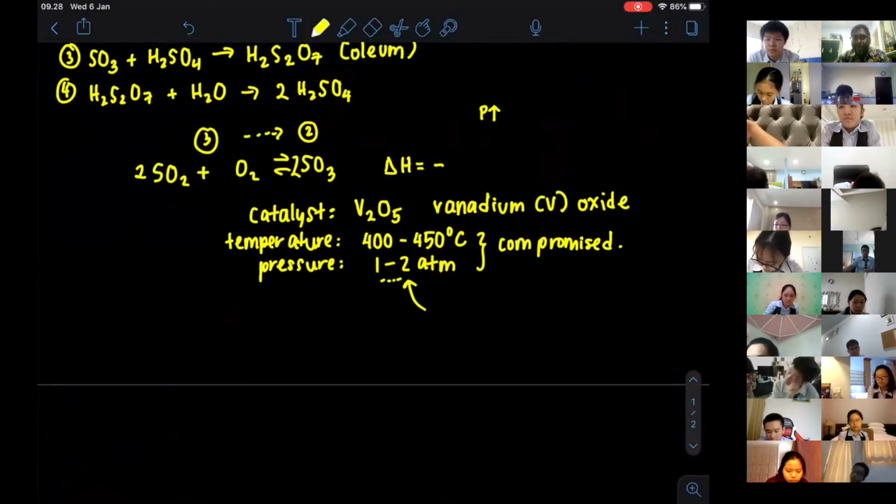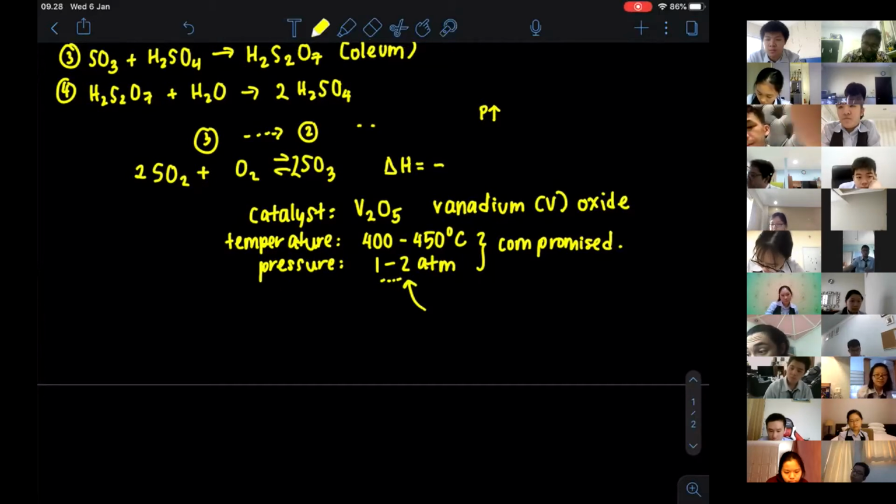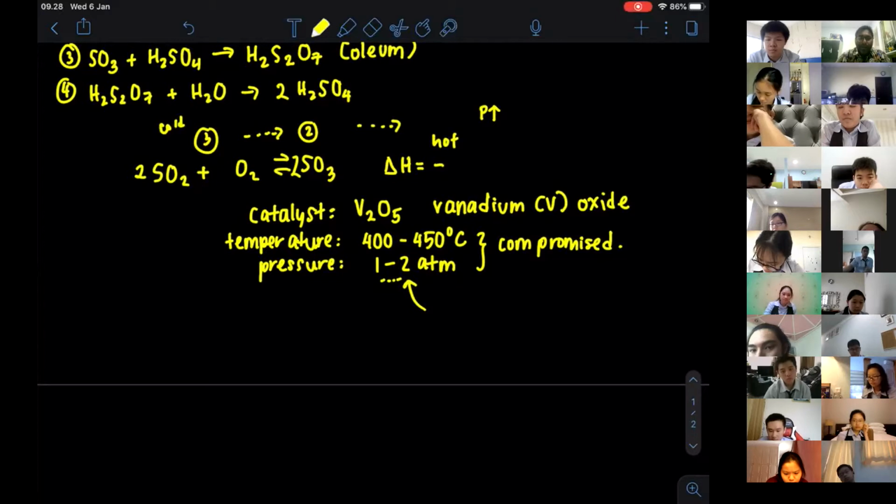They have mentioned that the pressure being used is about 2, so you can use 2. 2 is a compromise, and the temperature they use is 450. According to Le Chatelier's principle, if you want to move to the right, from cold to hot, you need to use a lower temperature.